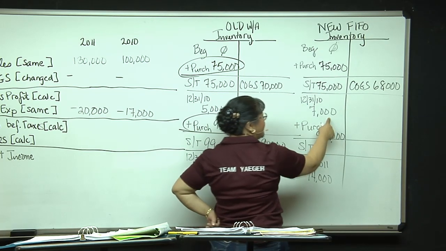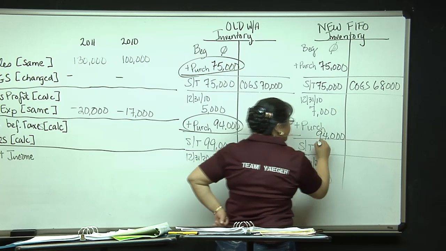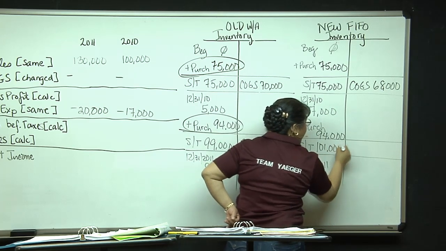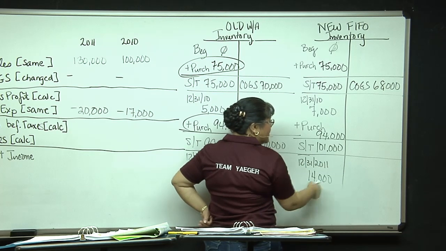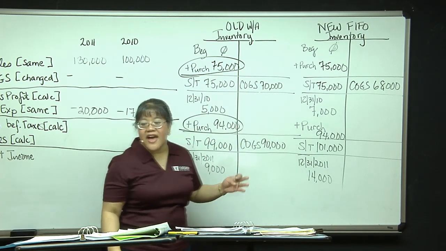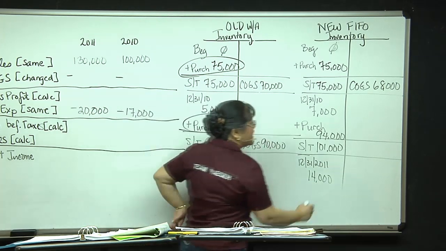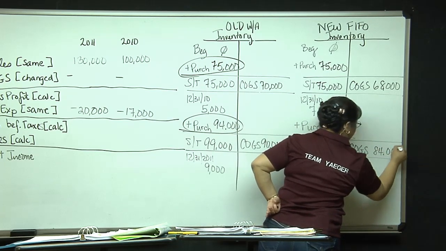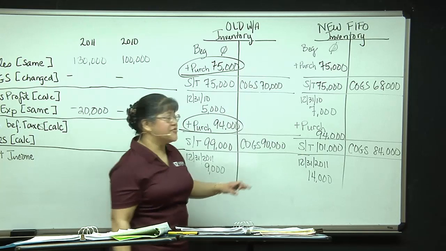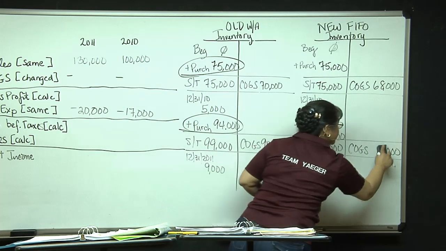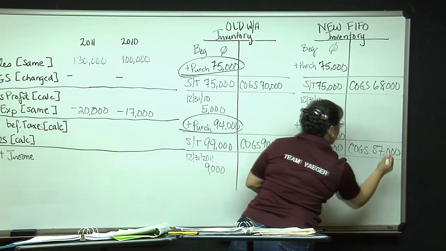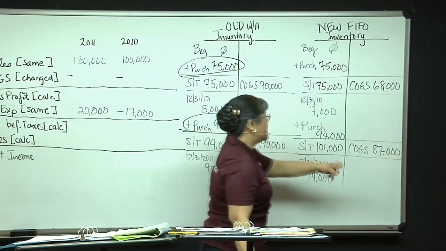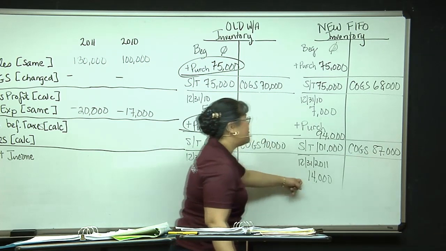And then I would take the 7 plus the 94,000, that would be 101,000. And 101,000 minus 14,000 is going to give me 87,000. So my cost of goods sold over here is going to be 87,000, because 101,000 minus 87,000 gives me 14,000.